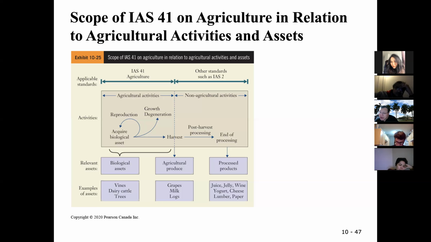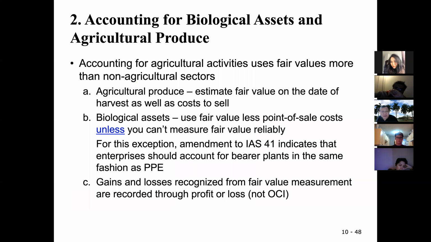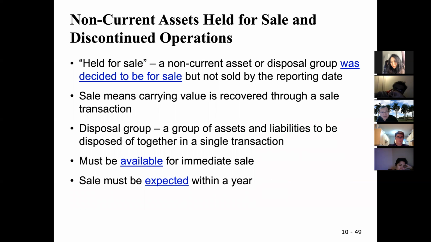Some people specialize in agriculture accounting. So I'm just going to skip this. Make sure you read the held for sale and discontinued operations chapters by yourself.